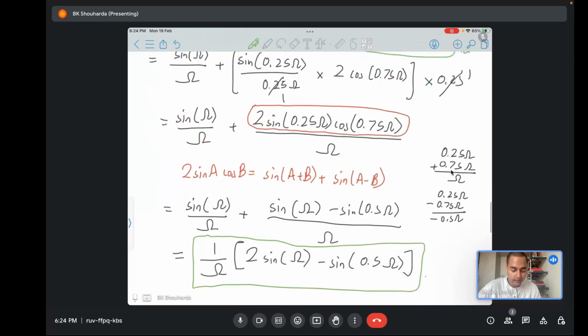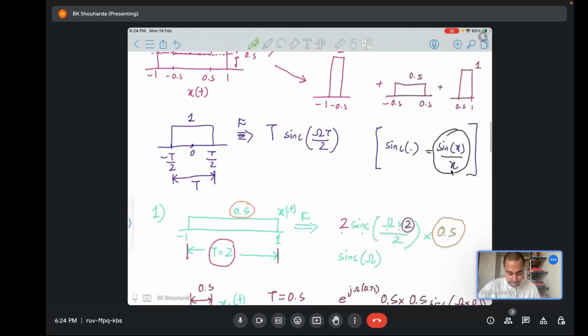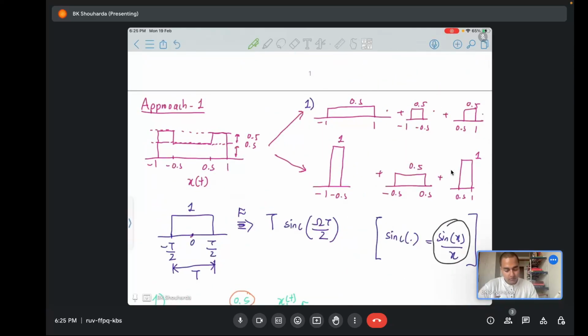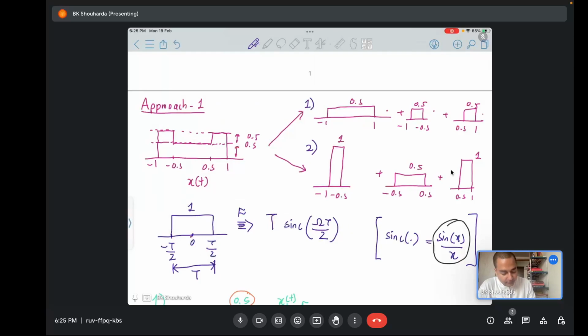I did further calculations and I reached this step, which is actually the correct answer. Alright, that was one approach of solving. That was approach 1, and I'm sure that if you take approach 2 also, it will be very simple for you, and you will get the same answer over here.